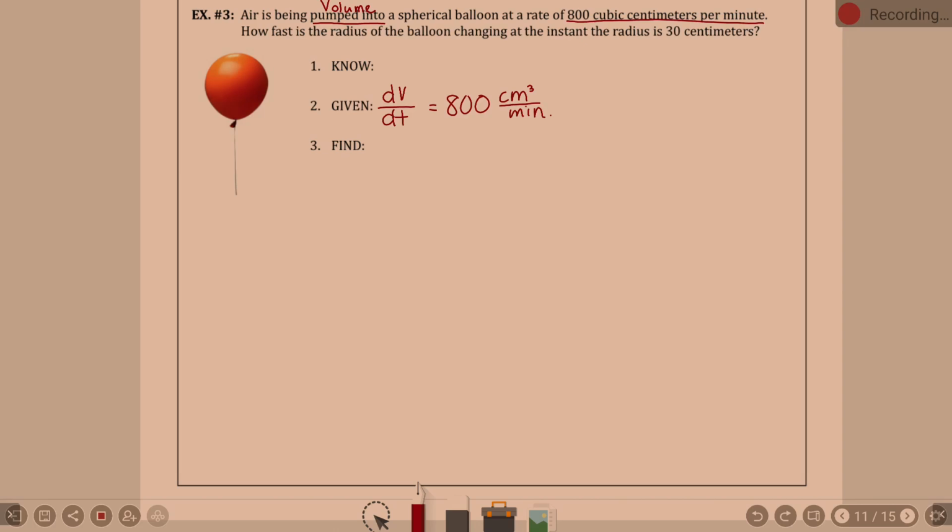How fast is the radius of the balloon changing at the instant the radius is 30 centimeters? So we need a formula that's going to connect volume and radius. We're talking about the volume of a spherical balloon. Volume of a sphere.